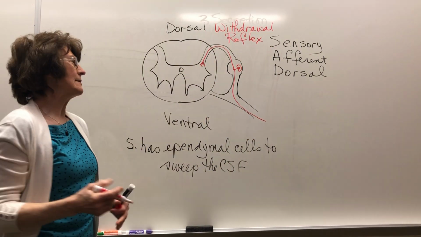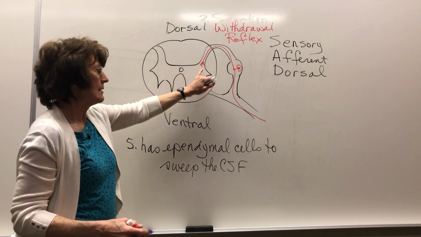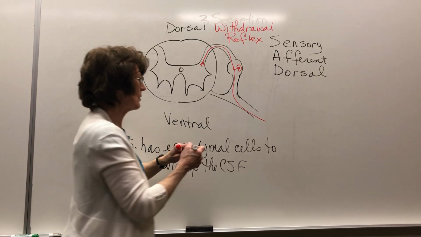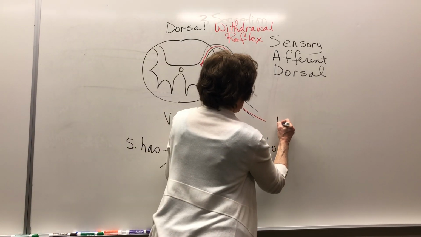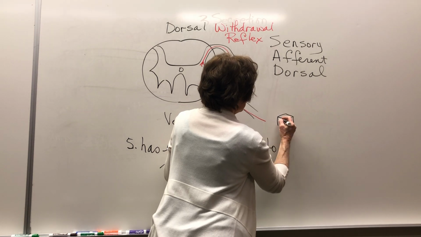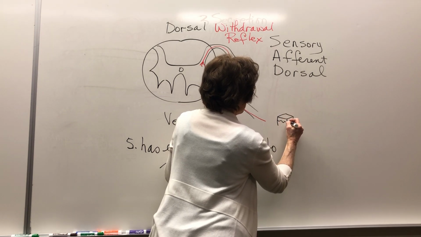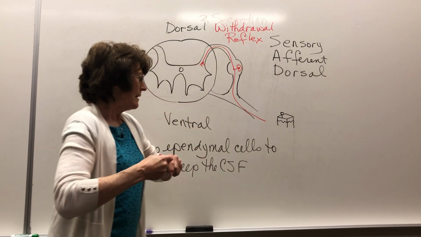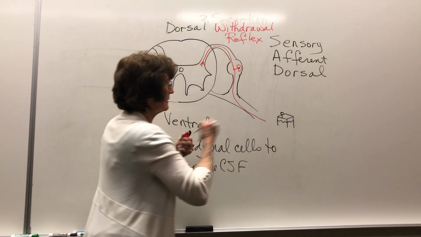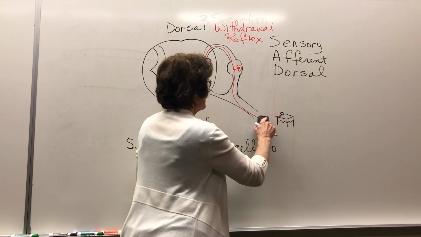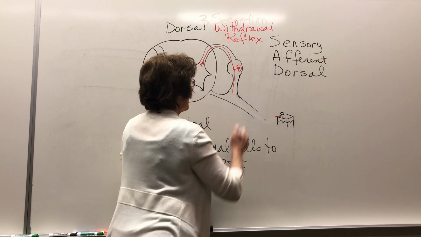A withdrawal reflex is going to have an interneuron. And so just down over here, I'm going to put the little diagram that just shows there's like a pin or tack that has been affected. And here's the pin. Okay, so for this one, I'm going to connect the sensory right over to here. And so we change this and we'll get it going.